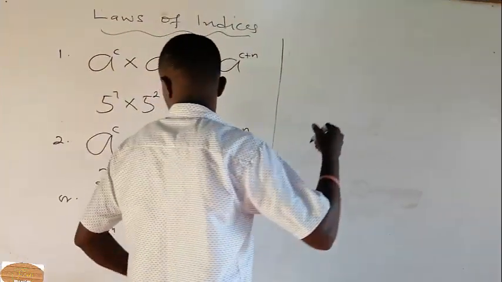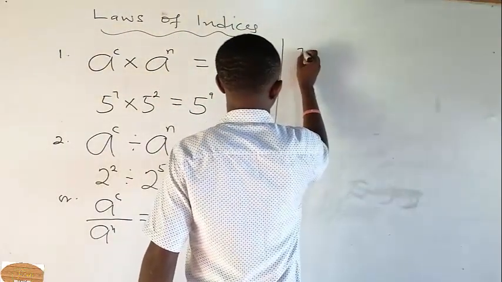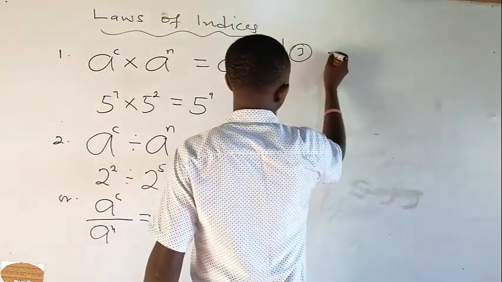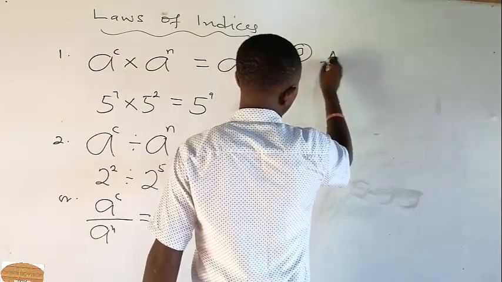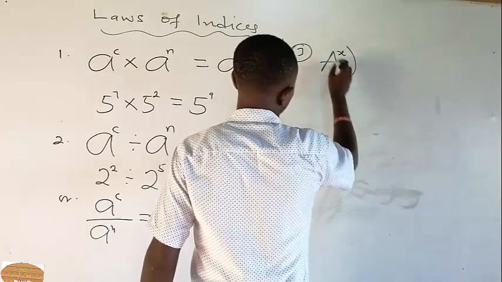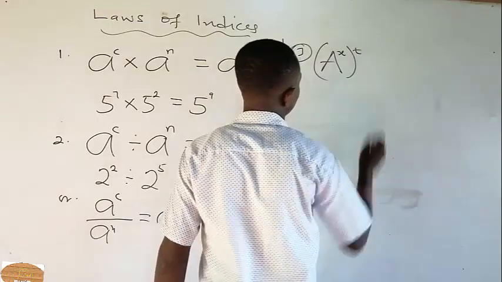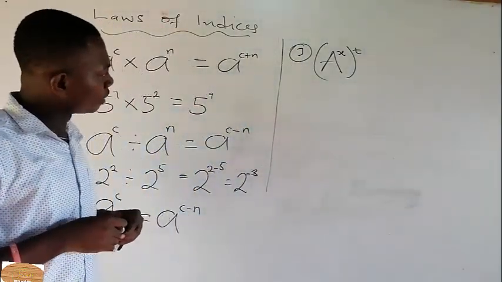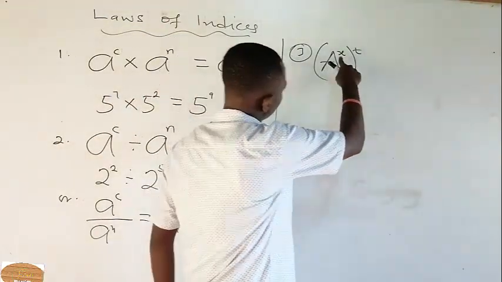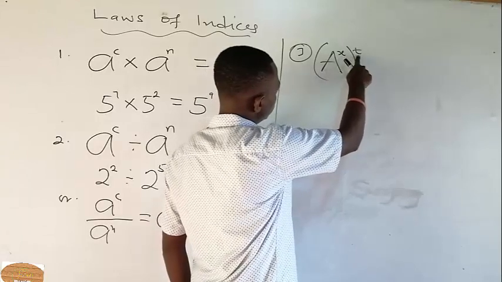Now the third law. In case we are given, let's say, A to the power S, all to the power T. This one is a power, this one is a power.